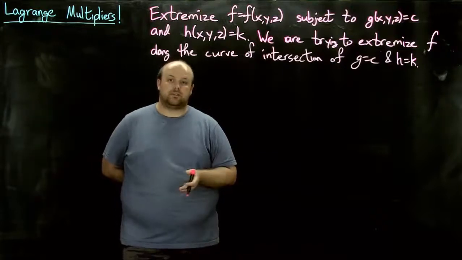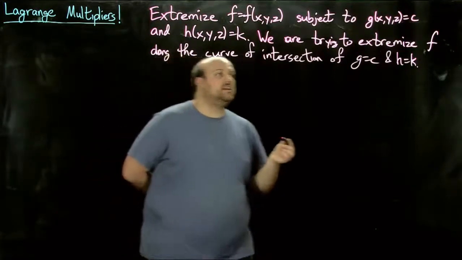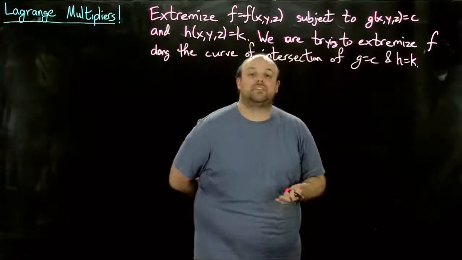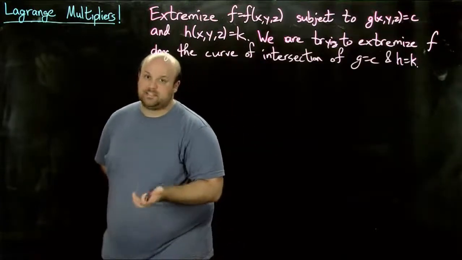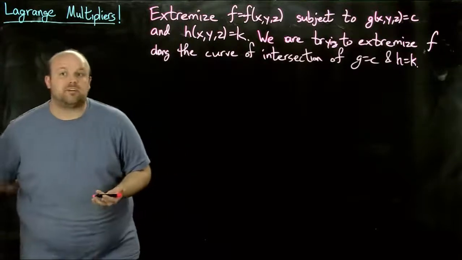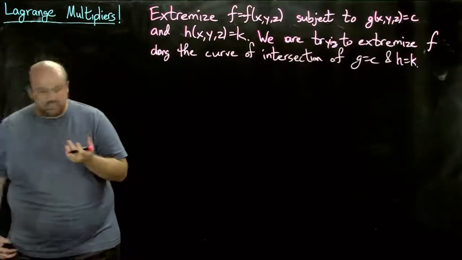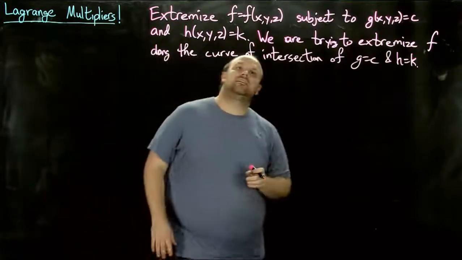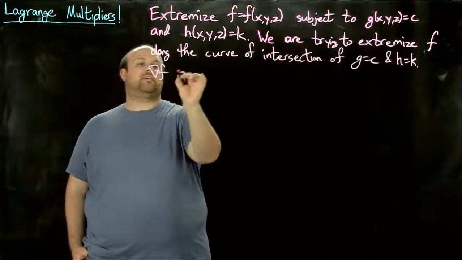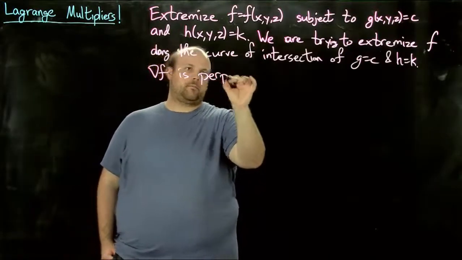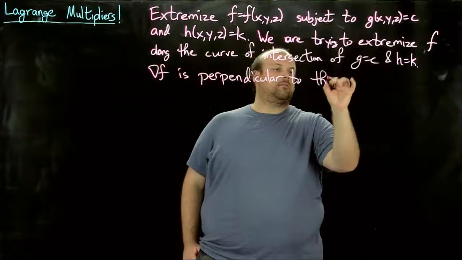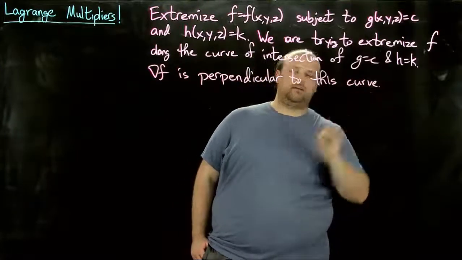All right, which is good. But what we don't know is, is the gradient of f perpendicular to either of these surfaces? And usually the answer is, in fact, no, it isn't. So in that situation, how do the Lagrange multipliers work out? What we do know is that the gradient of f is perpendicular to this curve, okay?